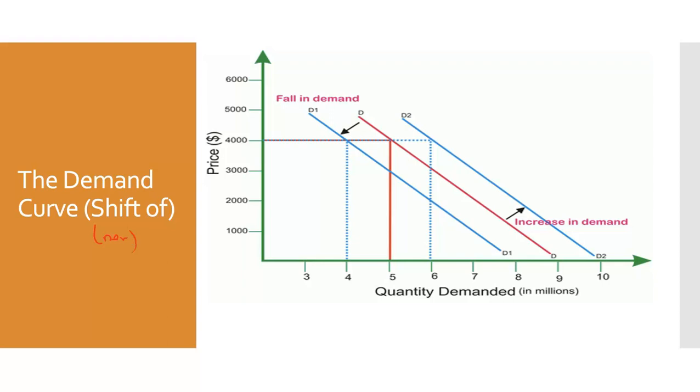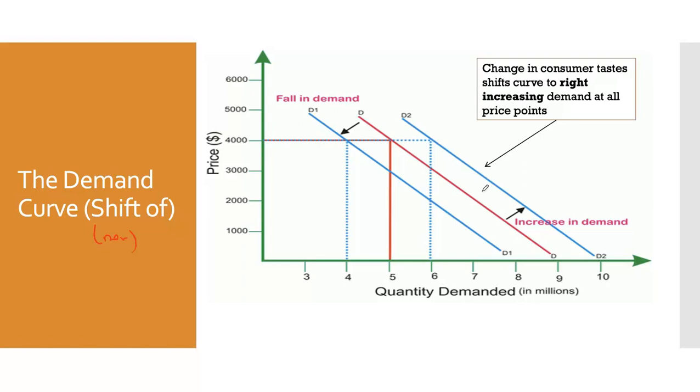I can split this into two categories: a shift to the right, which has occurred when I've gone from D to D2, increasing all demand at all prices as a result of a factor that has increased demand. In this case, I'm saying consumer tastes. So consumers are liking this product more, so there is more demand for it.